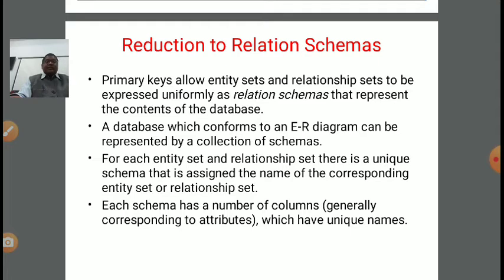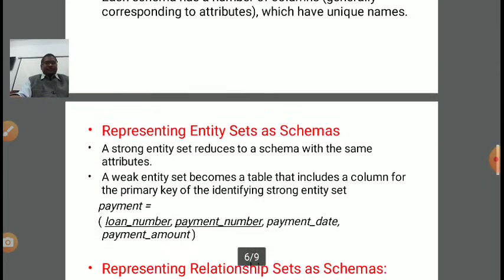A database which conforms to an ER diagram can be represented by a collection of schemas, right? For each entity set and relationship set, there is a unique schema that is assigned the name of the corresponding entity set or relationship set, right? Each schema has a number of columns, generally corresponding to attributes, which have unique names, right?